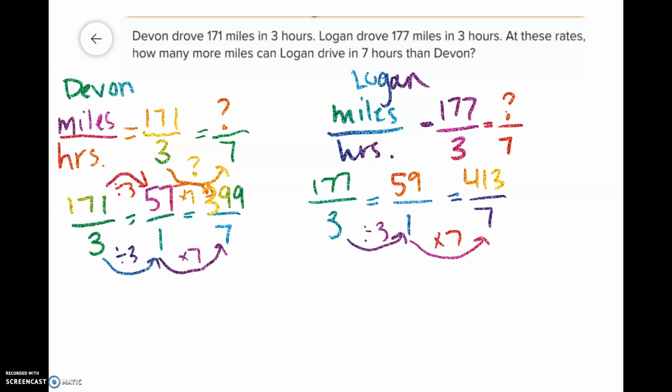So I knew that Logan was going to go further, only because he was going further in 3 hours. But now I know that he went 413 miles in 7 hours, where Devin only went 399. If you wanted to, you could use a calculator for this as well. And I know that that difference is 14 miles.